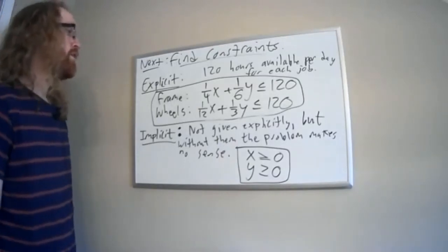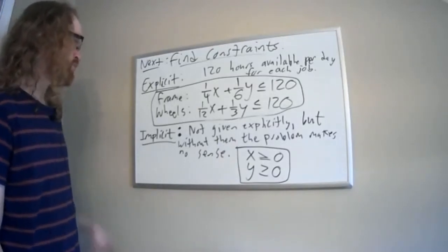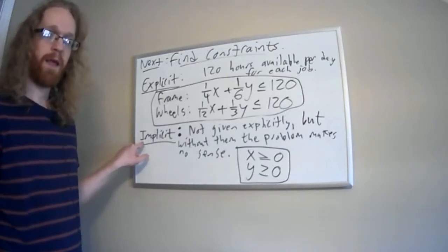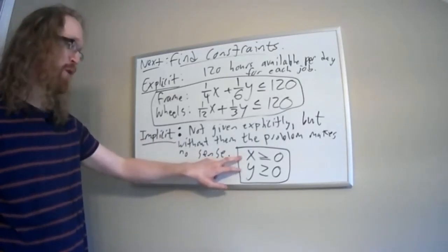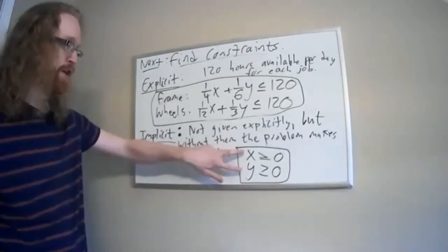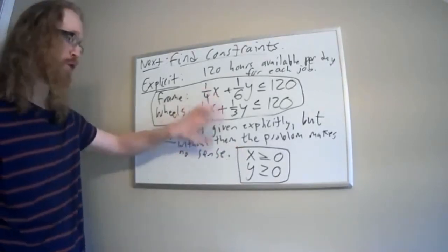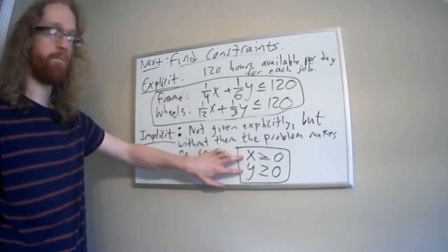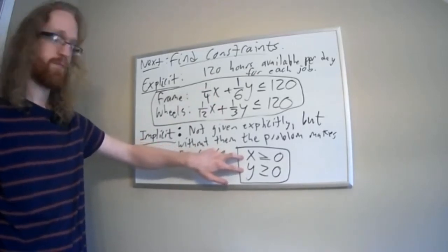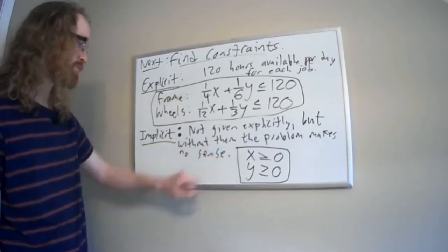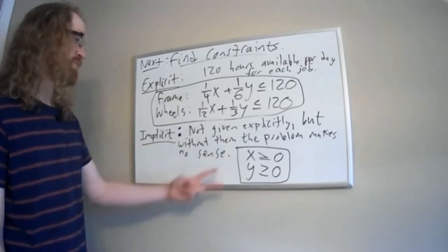So you basically always need to remember to include your implicit constraints, and almost always they're just going to be these two inequalities. So almost always you just need to include these with your other constraints. If you don't, you're going to run into problems when it comes to solving these problems later. So just keep this in mind.